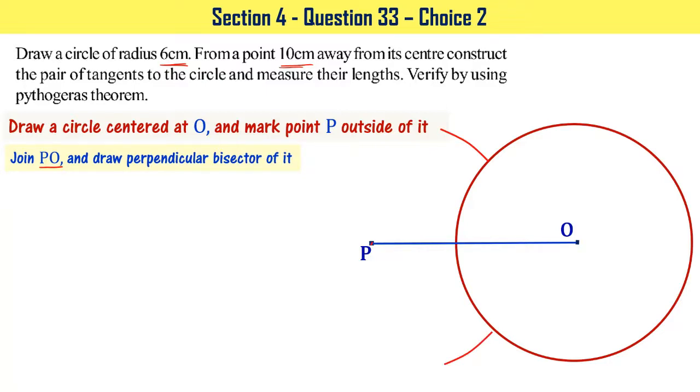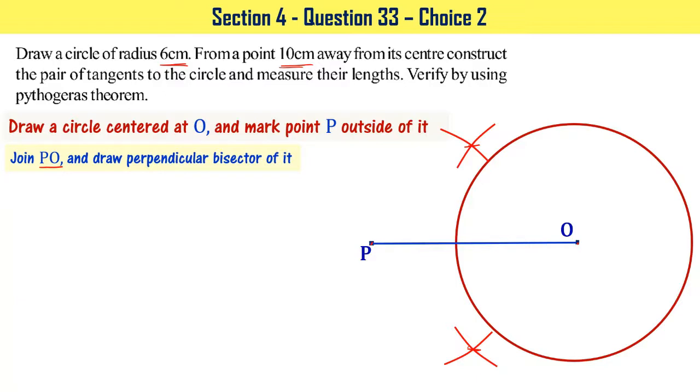Right? Without disturbing the position of compass, you simply take the needle onto O now and draw 2 more arcs. These 2 pairs of arcs are intersecting, right? Cutting each other at these points.